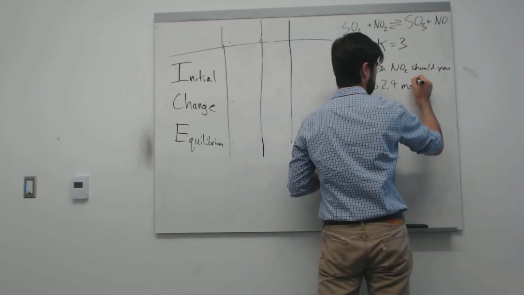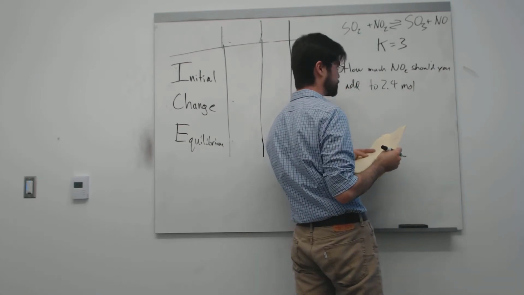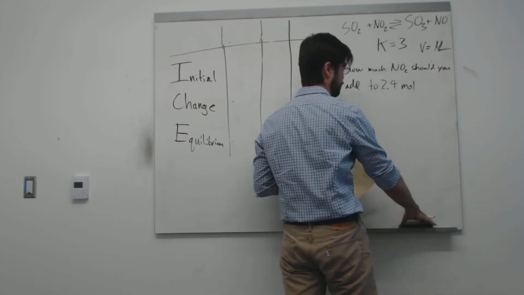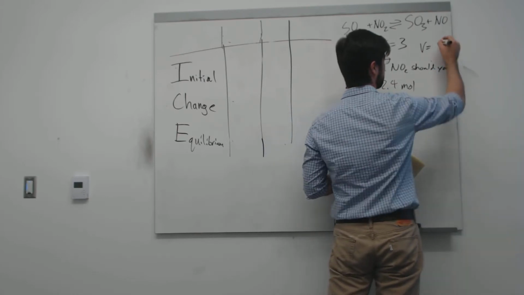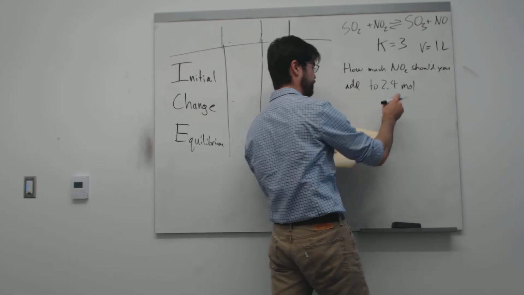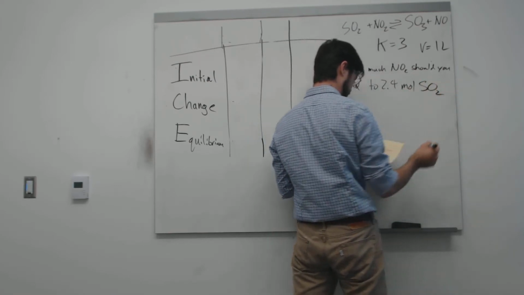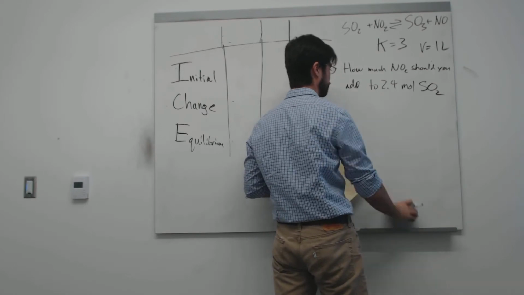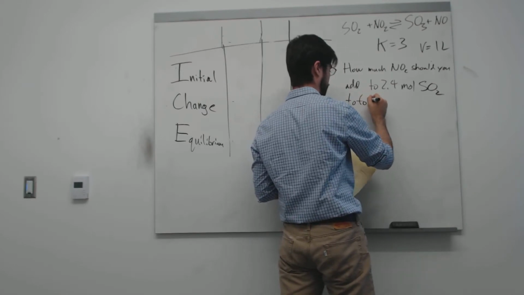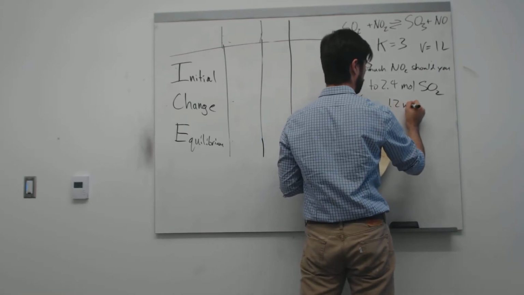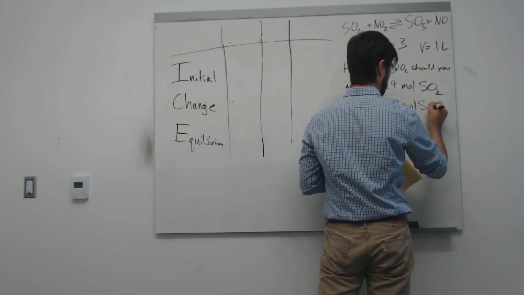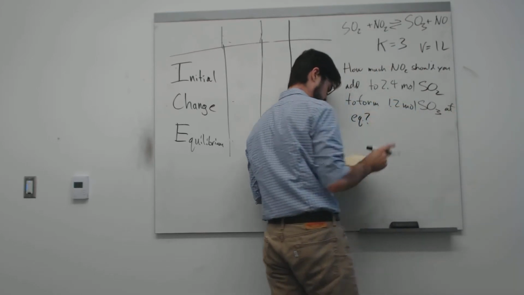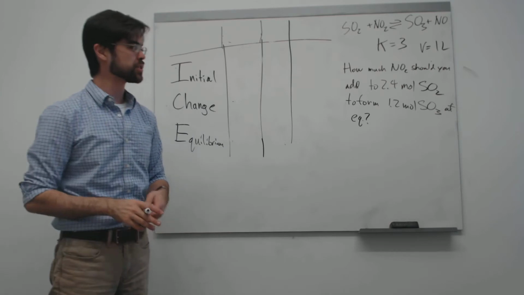Technically these should all be in terms of concentrations, but we'll assume the volume here is 1 liter, so we can just divide each of these moles by 1. That's fine.